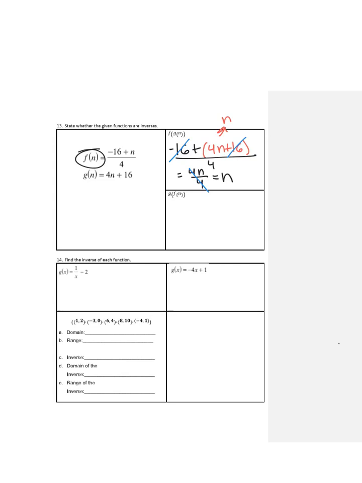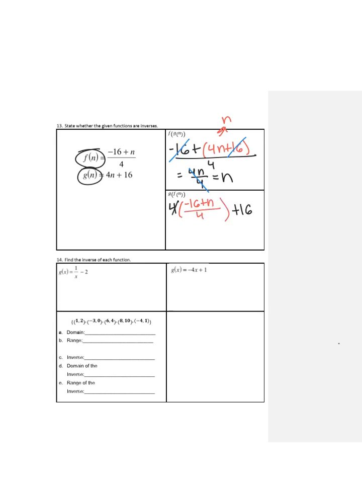If you get it down to one letter, you have to check it in both directions. Let's say I had simplified this and I got like n plus 4. Those would not be inverses because my composition is not just equal to n. So since I did get one letter, I have to check in the other direction as well. So now I'm going to look at g and replace the n that's there with the entire f of n.